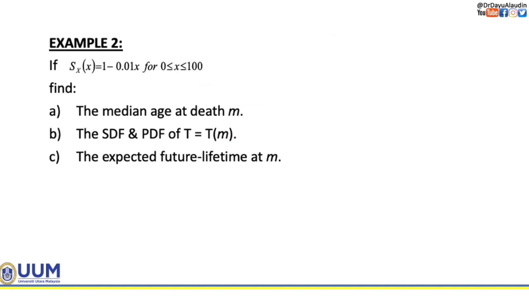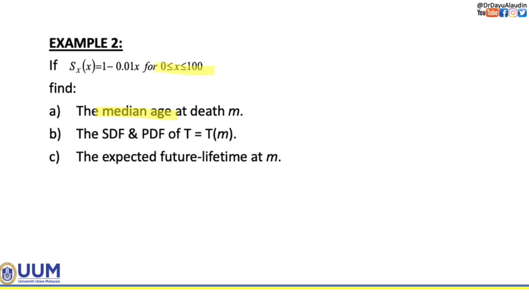So now we go to example 2. If S(x) is equal to 1 minus 0.01x for age 0 to 100, first find the median age at death m. Median means the center point or the midpoint.